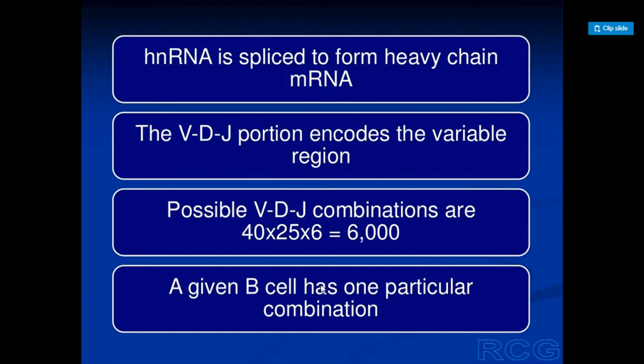The VDJ portion encodes the variable region, and the possible VDJ combinations are 40 times 25 times 6, around 6,000, and a given B cell has only one particular combination.